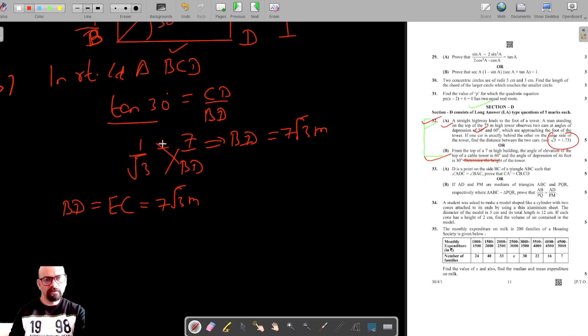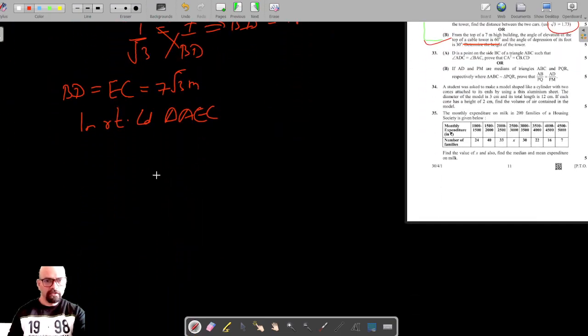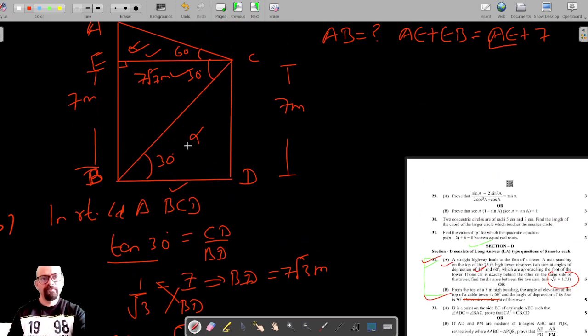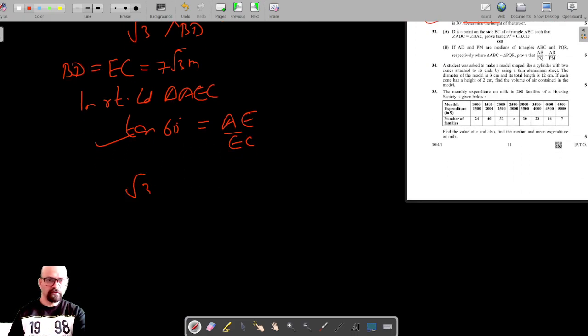Now let's use the tan ratio in right angle triangle AEC. So in AEC, it's tan 60 degree, which is AE upon EC. So this is AE upon EC, tan 60 is root 3. AE we have to find out, and EC is 7 root 3.